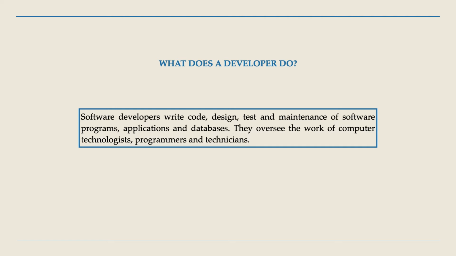We all know there are a lot of software, websites, systems, and applications in the world. A lot of them we use every day, right? Mobile, your computer, websites, some systems, games. All those things are built by developers.